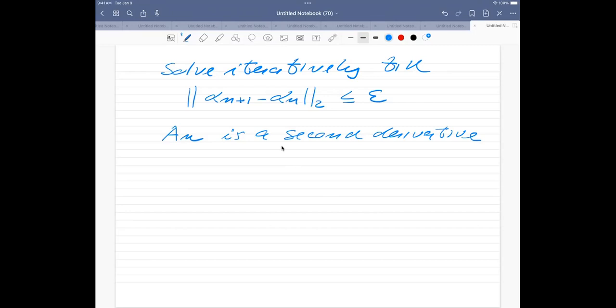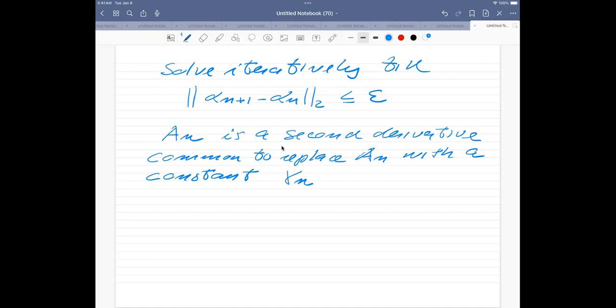And what is common then is actually to replace that one with a constant. So it's common to replace this a of n with a constant, which can vary from iteration to iteration, gamma of n.